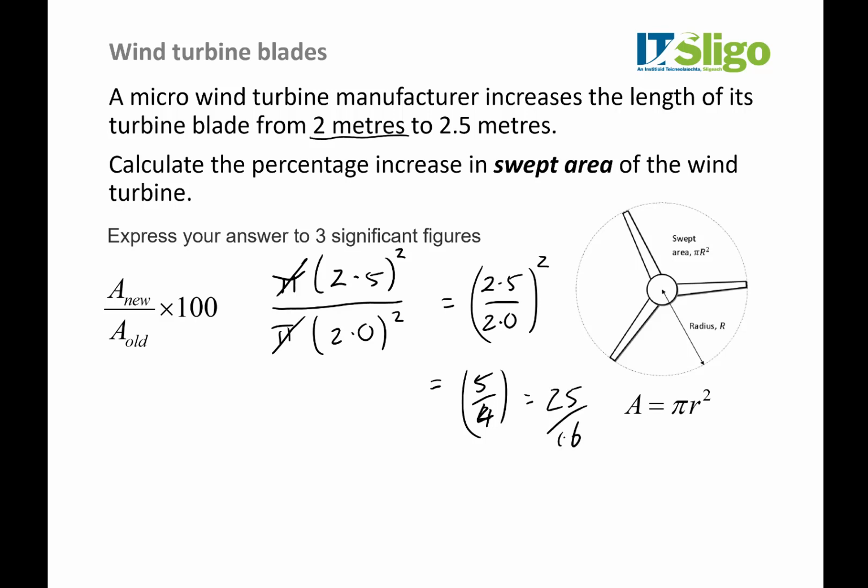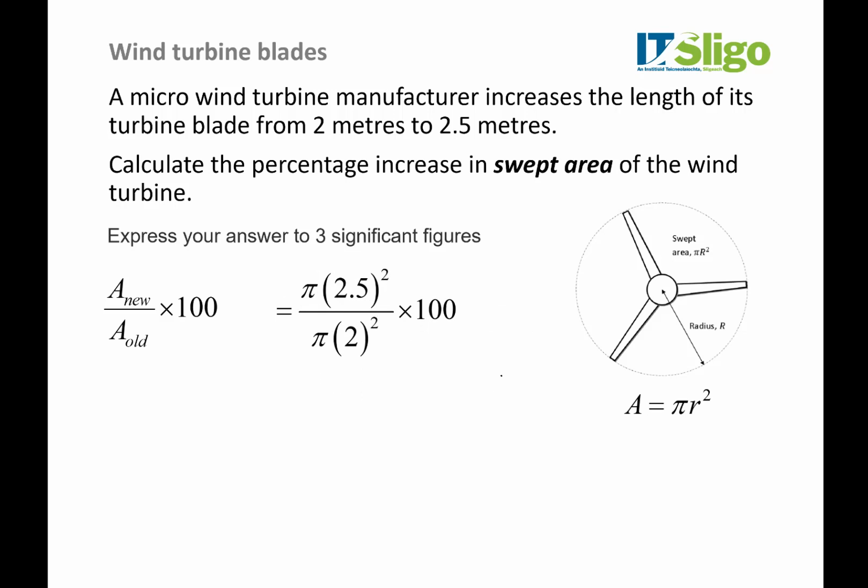Now I'm just staying without the calculator. Sorry, that's to be squared. When we work this out, we'll get 156, but they'll cancel out. Just be careful then, guys. What's the percentage increase?